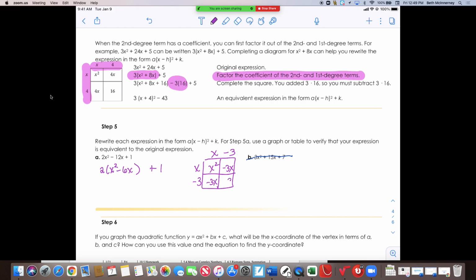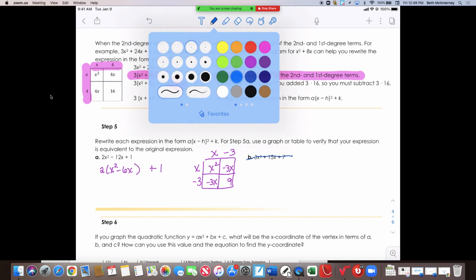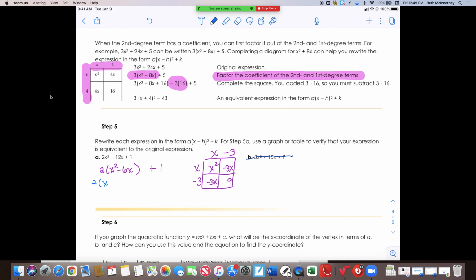9. So watch what we're going to do now in the next row. And I'm going to change colors so you can see it. This is going to be x squared minus 6x, and I'm going to add 9. But then I've got to subtract what I just added because it really isn't there. So then I'm going to take minus 2 times the 9 plus 1. And it doesn't matter if I did the 1 and then the minus 2 times the 9.